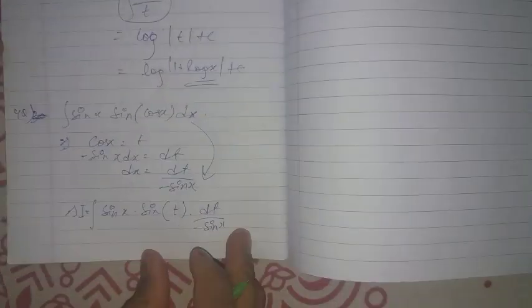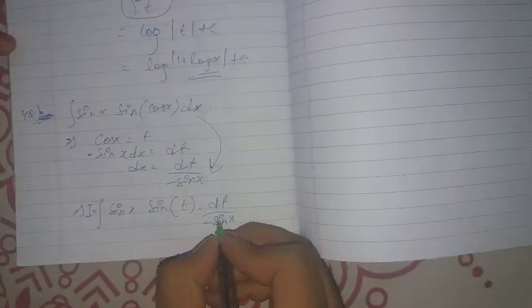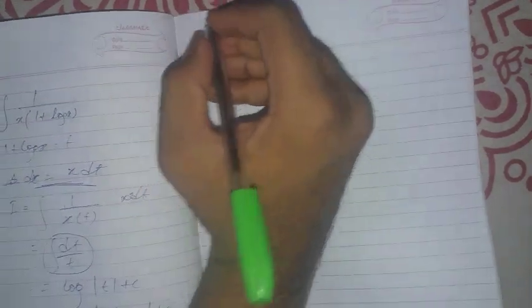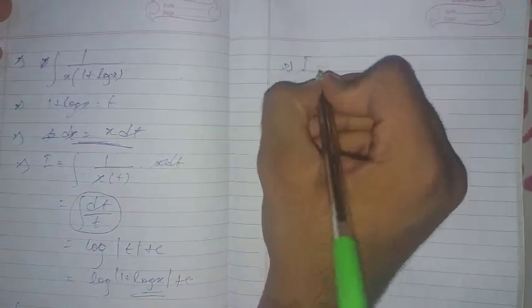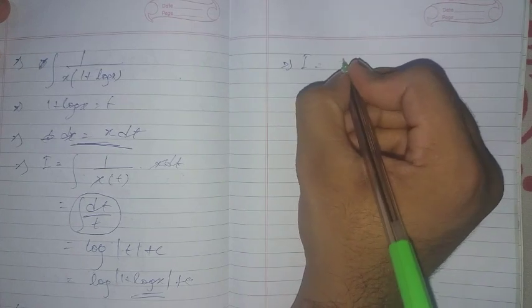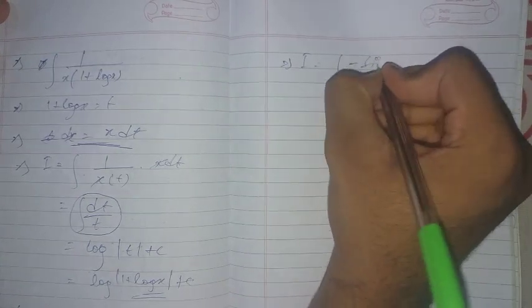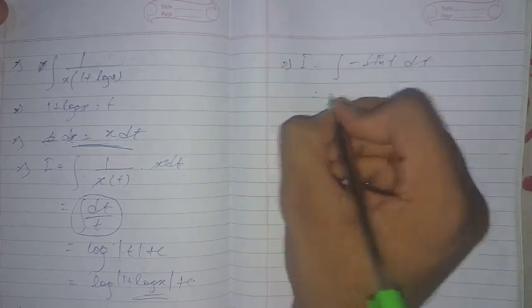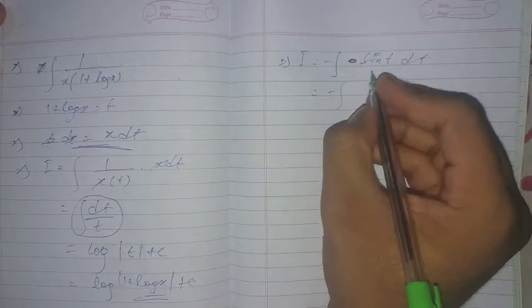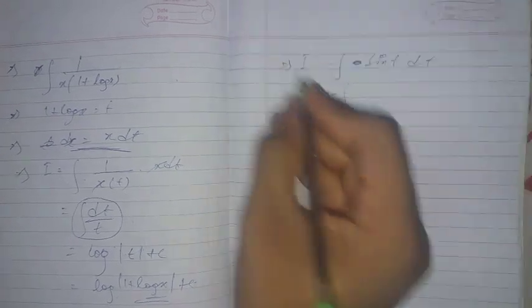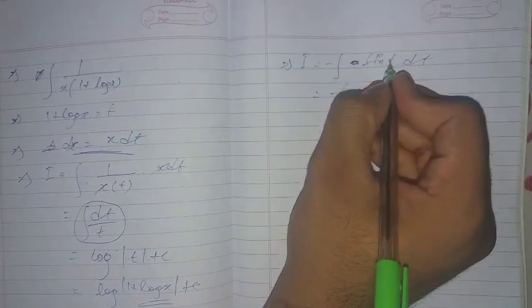So I is equal to integration of sin x into sine of t, and in the dx place we need to substitute dt by minus sin x. So sin x cancel out each other, we are left with negative and sin t dt. So we get I is equal to integration of minus sin t dt. The negative will come outside, so minus integration of sin t. What is integration of sin x?